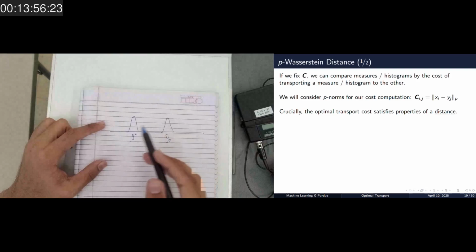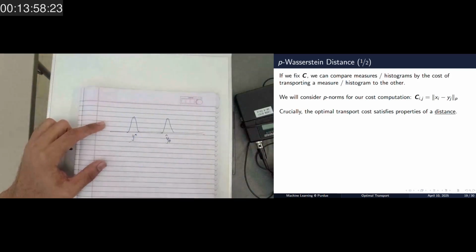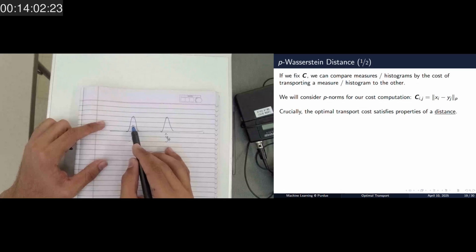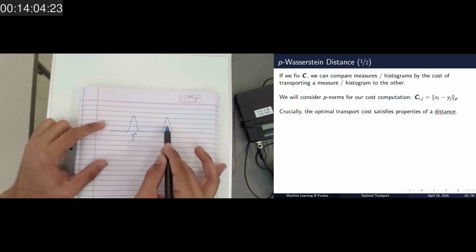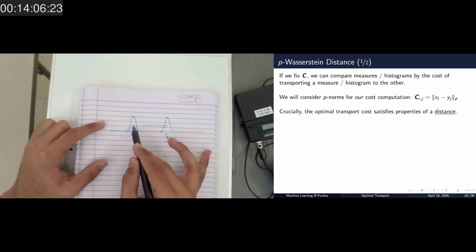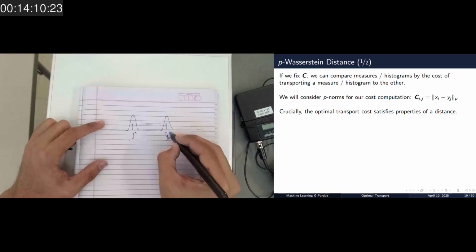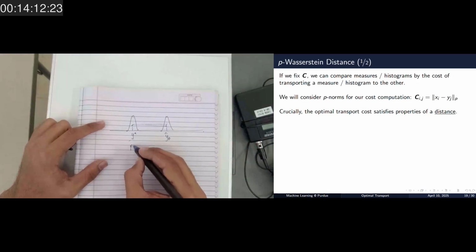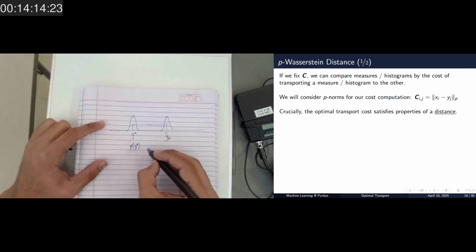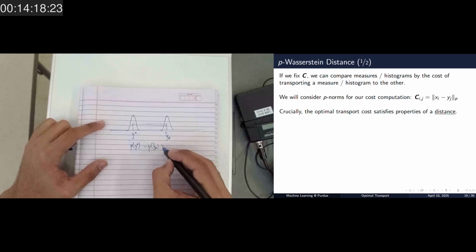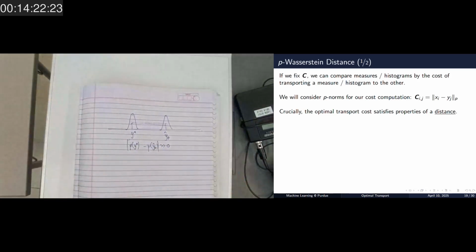One intuitive observation is that the shape of these are pretty similar. They both resemble the normal distribution. However, they are far from each other, and you can see that because the means of both of the distributions are pretty far apart. So this y star minus y hat is pretty big, absolutely something greater than 0.